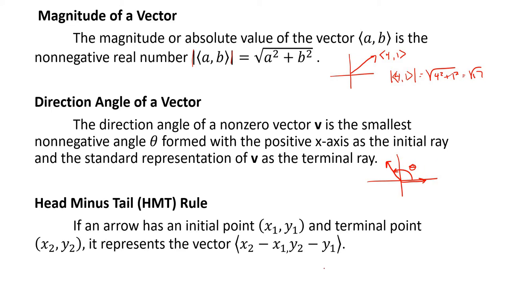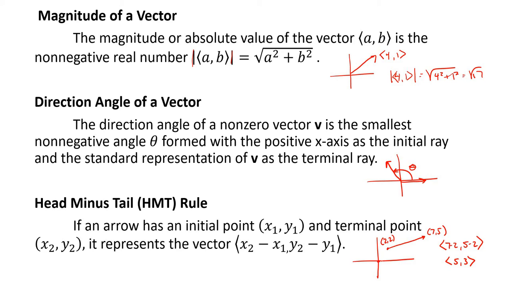The head minus tail rule says that if I start a vector someplace other than (0, 0), for example, if I start at the point (2, 2) and go to the point (7, 5), then this vector would be 7 minus 2, 5 minus 2, or the vector ⟨5, 3⟩.